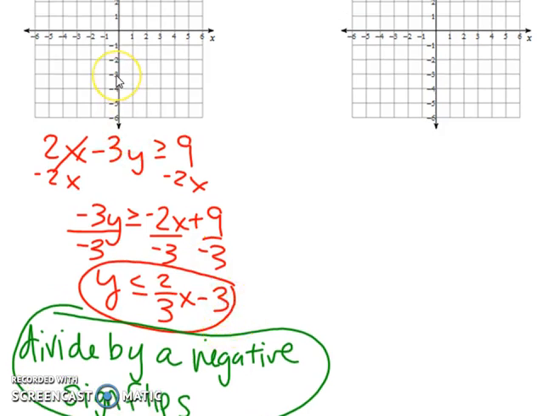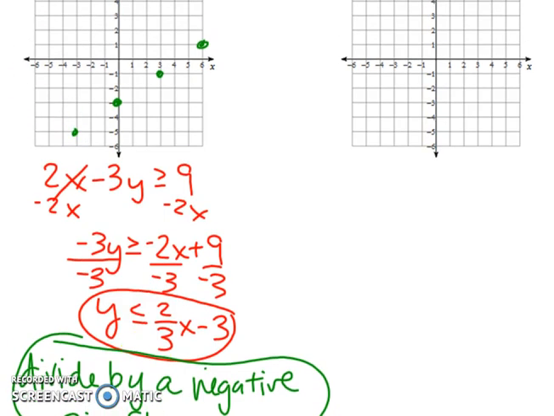You're going to start at a negative 3. Your slope is a positive 2 over 3. So do the opposite, down 2, left 3 to get some more points. Okay? So is it going to be a solid or a dashed? This is equal to, so it's going to be a solid.